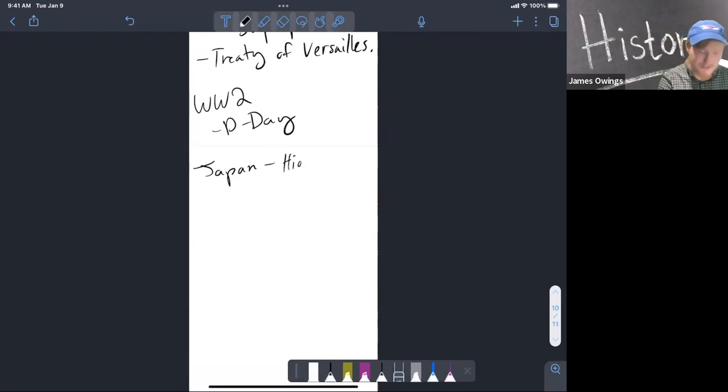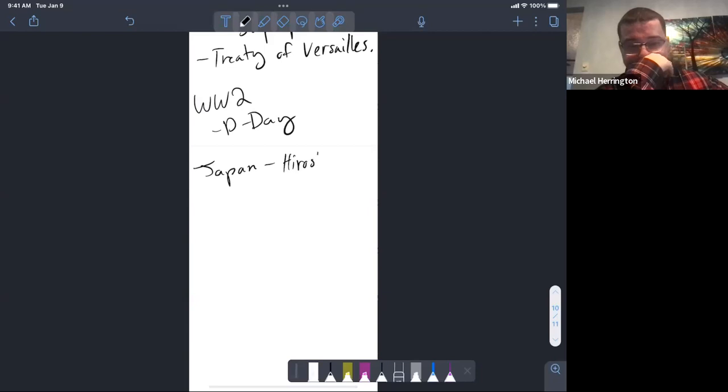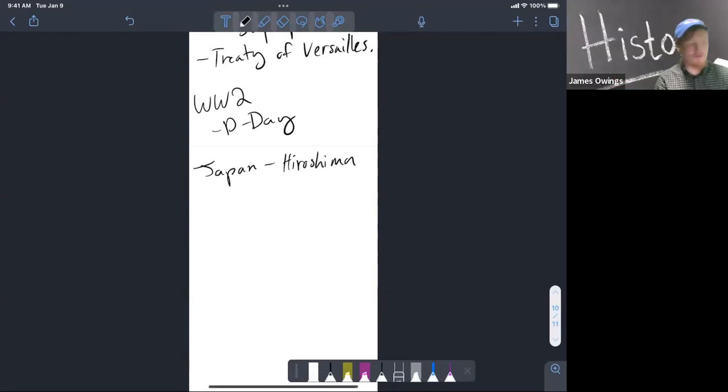Hiroshima. And we end the fight with Japan. So the reason these countries are invading is because they want to expand their size. Japan has been on an island, and they want to expand west and actually grow. And so they think they can take out the United States. It doesn't happen.